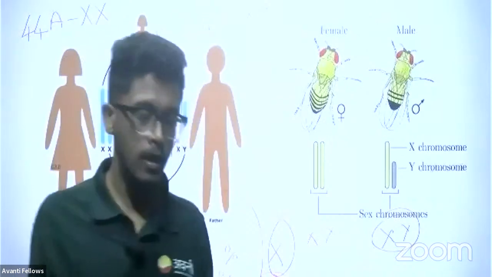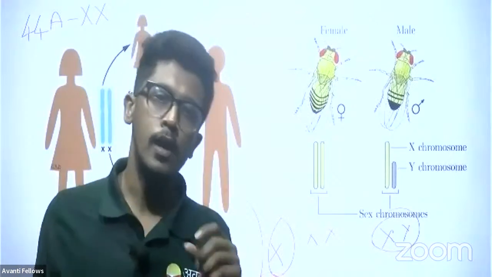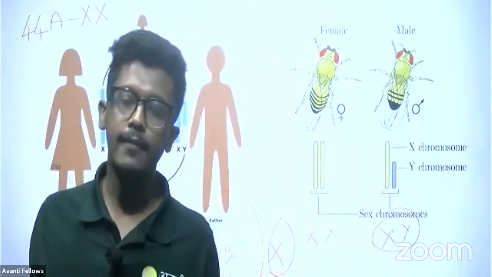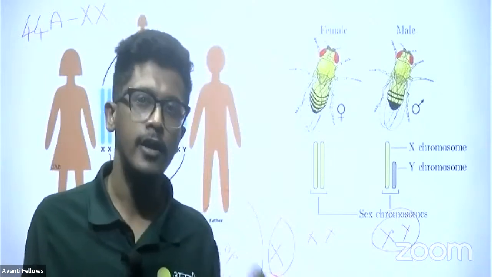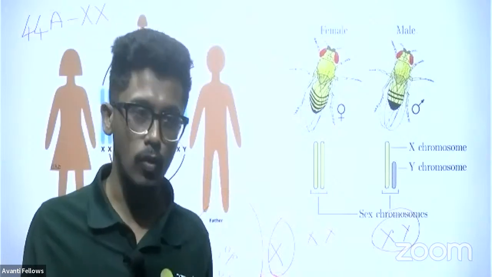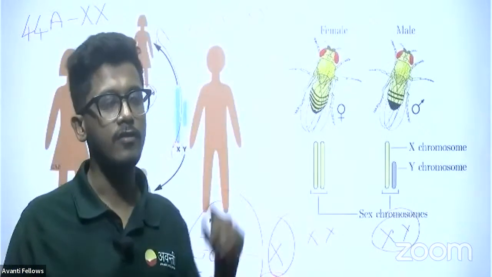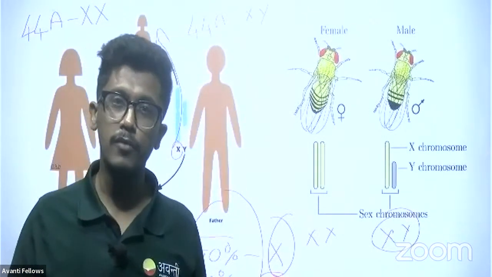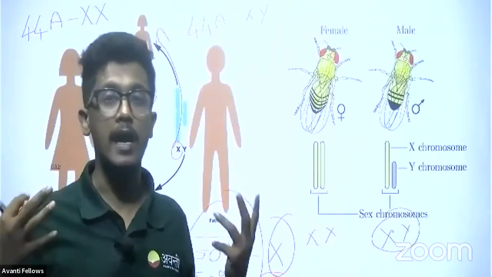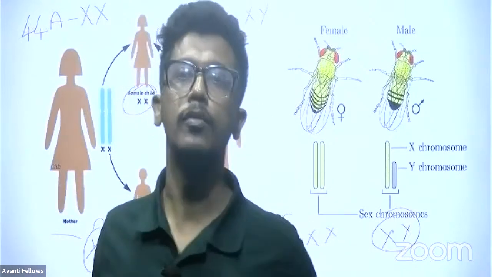Now look here, guys. Chromosomes contain a bulk amount of genes. Let's say that your Y chromosome is at least 5 times smaller. Y chromosome is very, very small compared to the X chromosome. Just imagine, the small Y chromosome is responsible for so many masculine characteristics. All the secondary sexual characteristics that develop in a man are because of the tiny Y chromosome that is present.